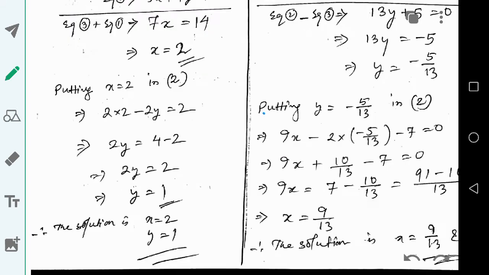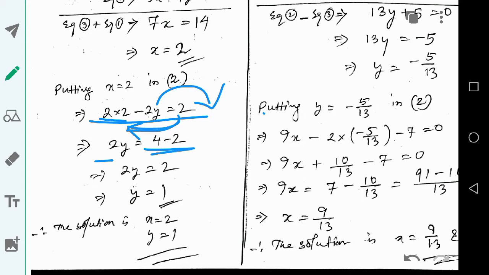So this equation implies twice y is equal to 4 minus 2. How? The minus twice y is transferred to the other side, and this 2 is brought to this side. Here we have got 2 into 2 is 4, and this 2 comes here, then 4 minus 2.